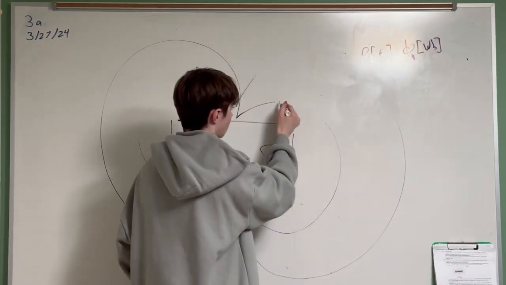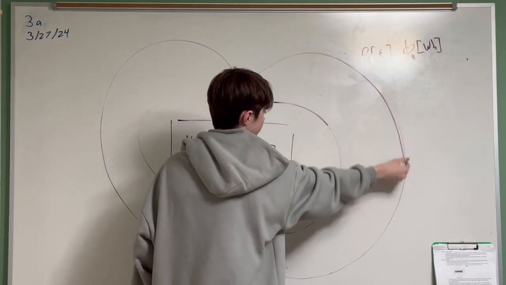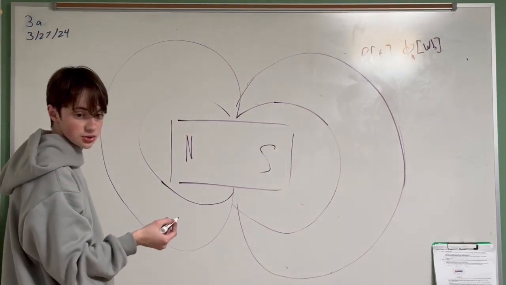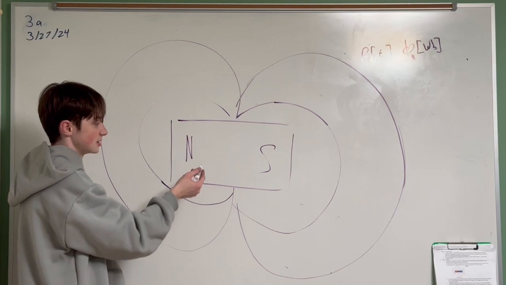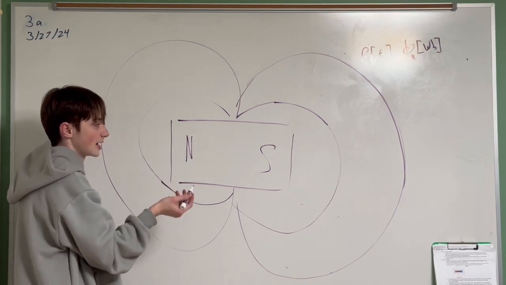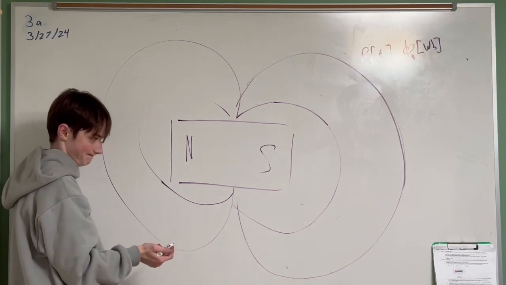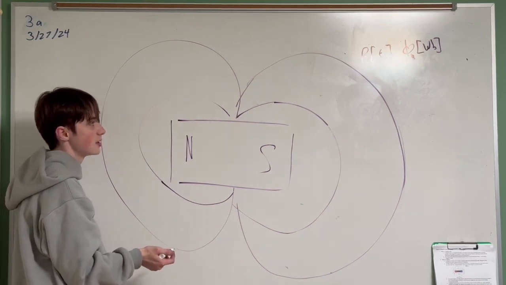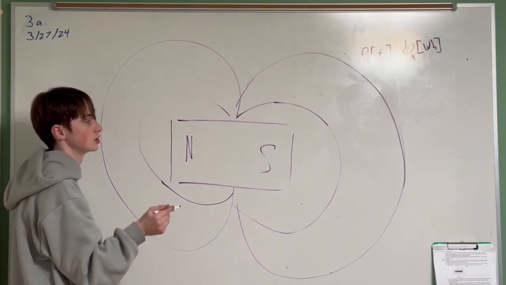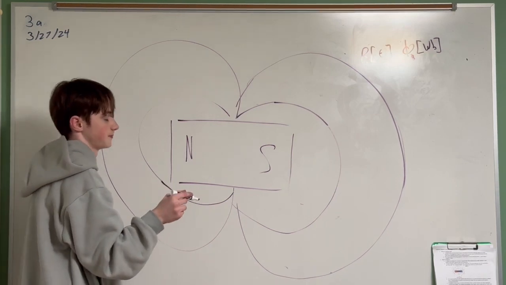So because all of these magnetic field lines are always closed loops, because a magnetic monopole doesn't exist and there are always magnetic dipoles, that means that the magnetic flux of any closed region will always be 0.